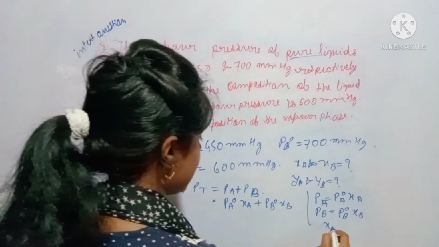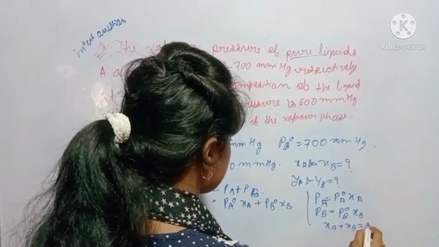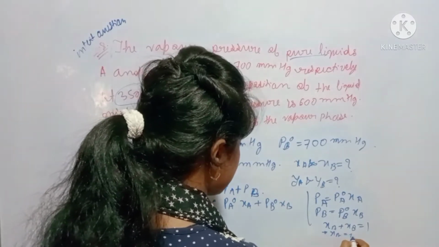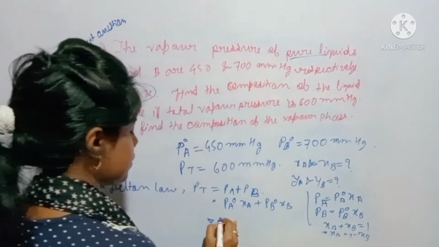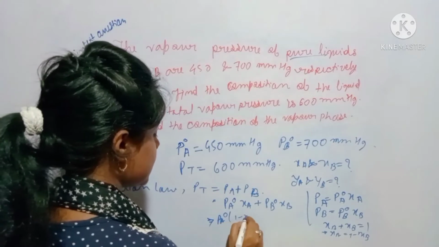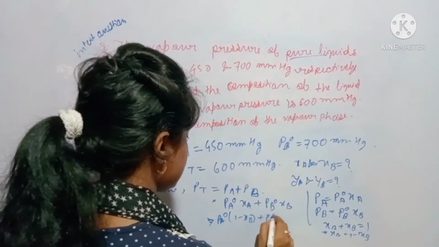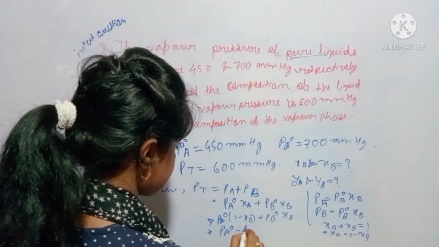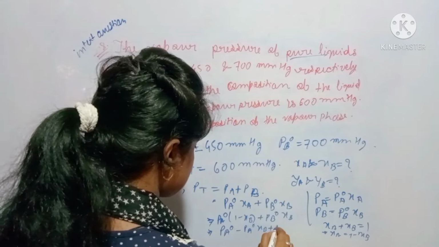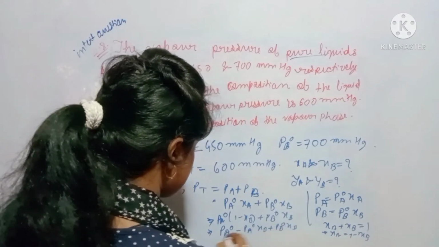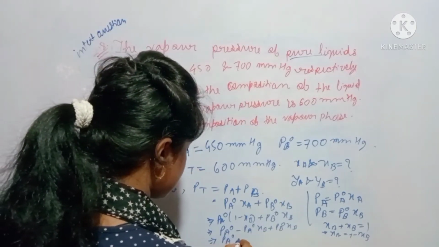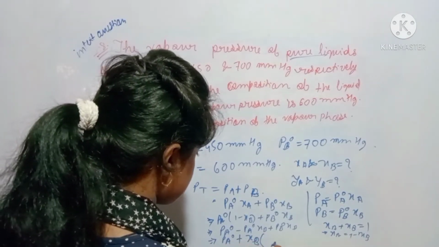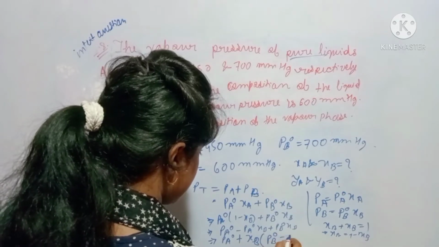We know that XA plus XB equals 1, so XA can be written as 1 minus XB. So PT equals PA naught (1 minus XB) plus PB naught XB. Here it's PA naught minus PA naught XB plus PB naught XB. If we take XB as common, then it's PB naught minus PA naught.